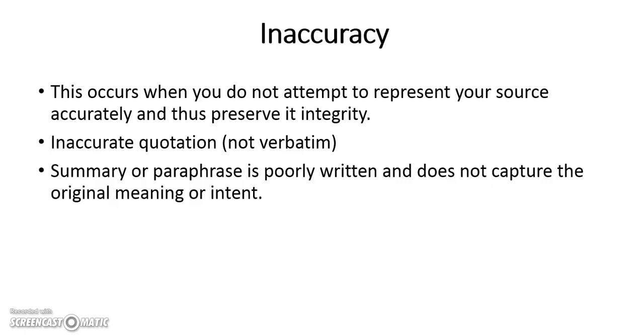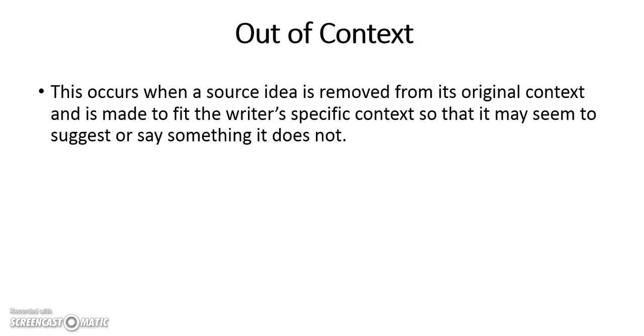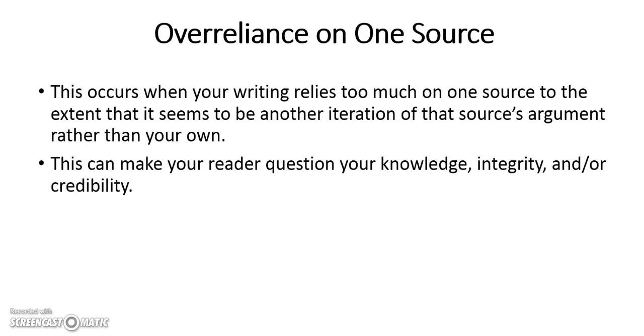This is pretty much when you're misrepresenting your source by saying that it says something other than what it actually says. You can also abuse your source when you take a source idea out of its original context so that it's made to fit into your own specific context.